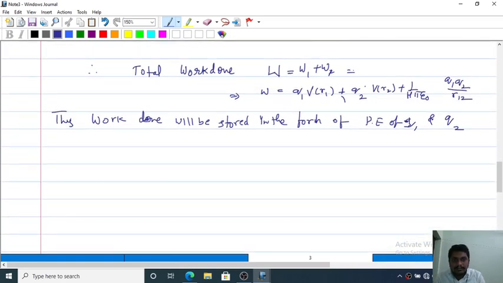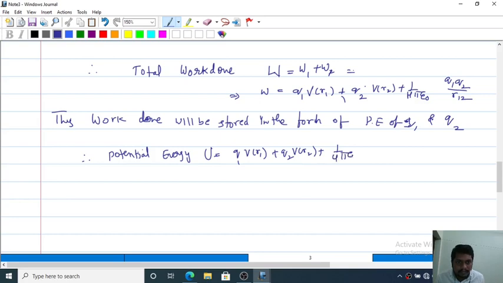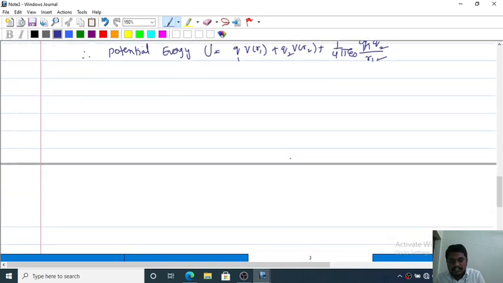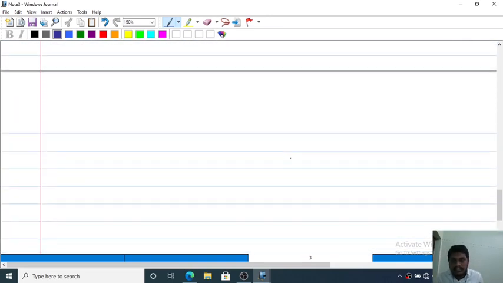Therefore potential energy U is equal to Q1 into V of R1 plus Q2 into V of R2 plus 1 by 4 pi epsilon naught Q1 Q2 by R12. Okay, so we'll discuss the next, the third case, potential energy.